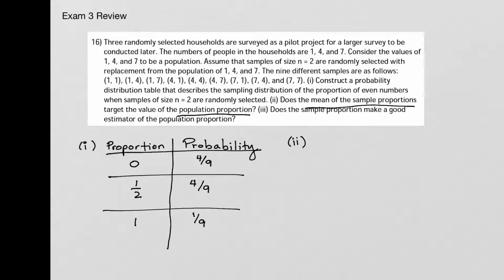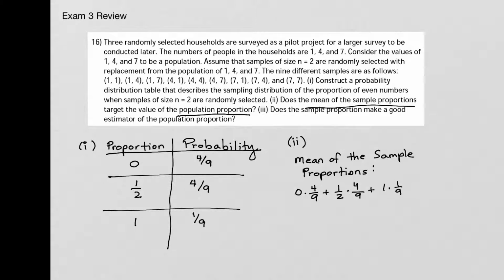I can calculate the mean of the proportions pretty easily by hand by simply taking each individual value times its probability. So I have 0 times 4 over 9, 1/2 times 4 over 9, and 1 times 1 over 9.